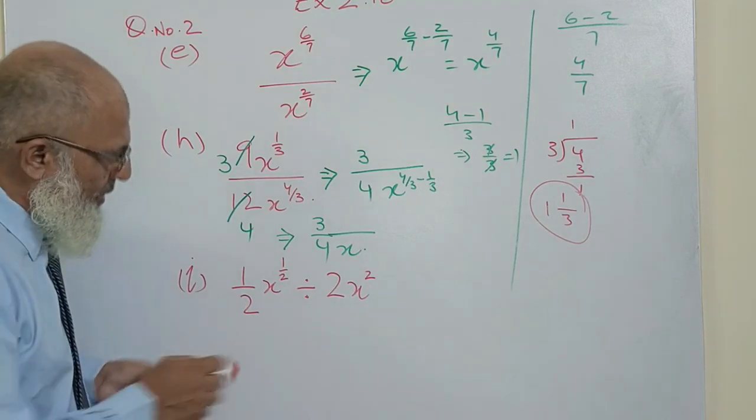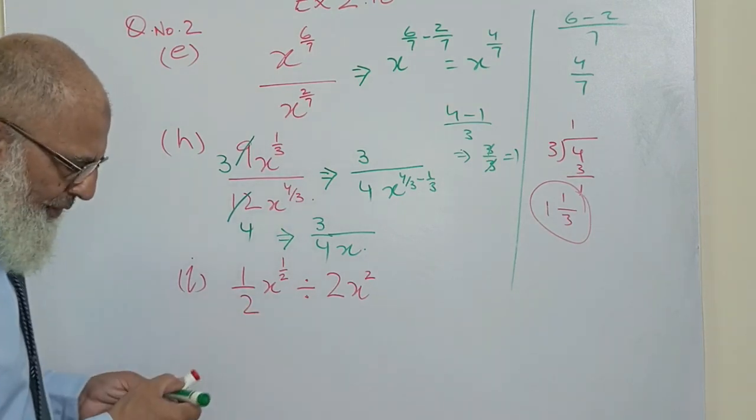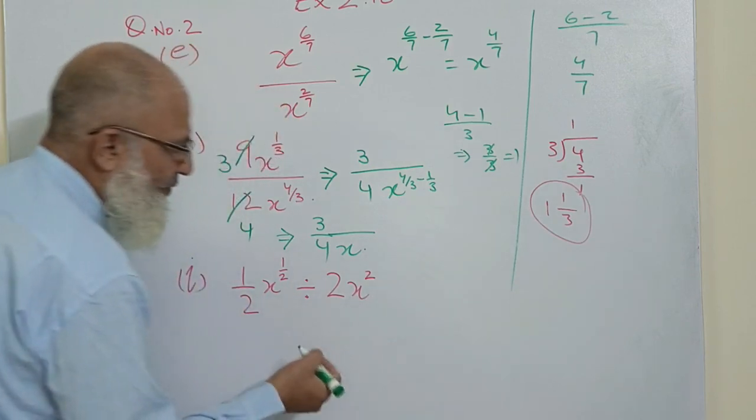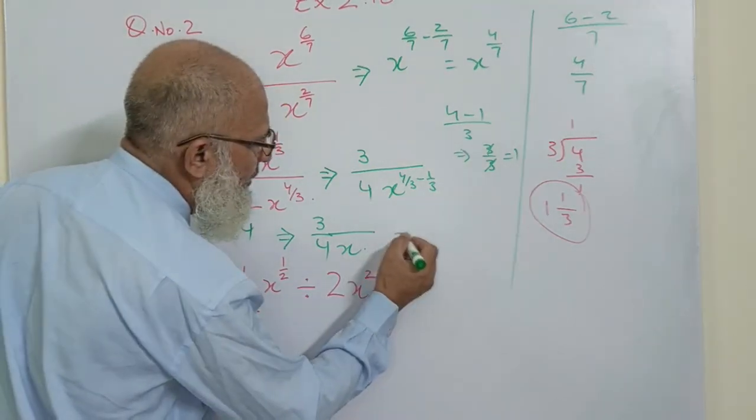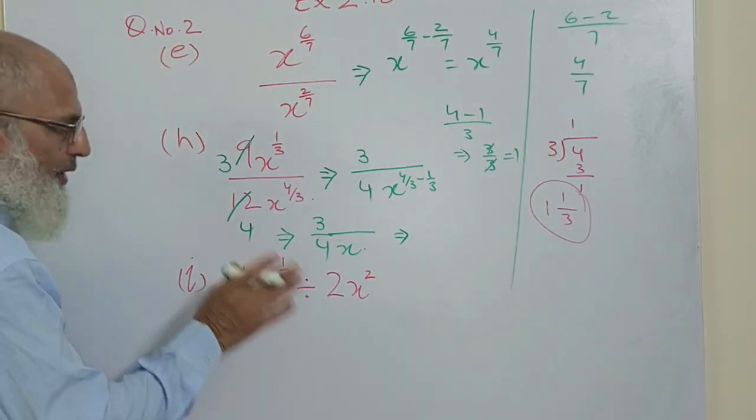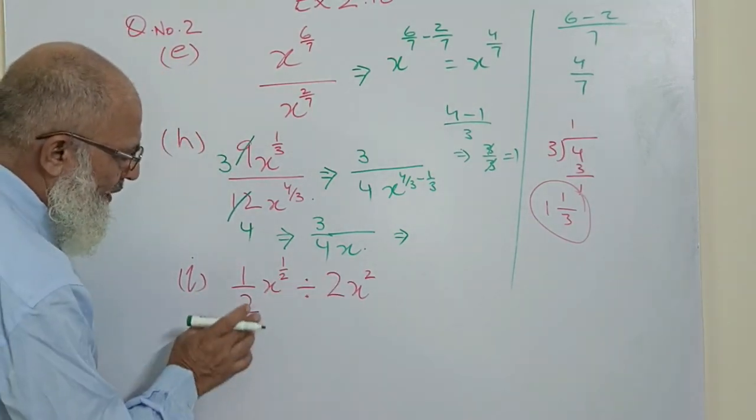Now what does it mean? We'll change the sign of division into multiplication. What will happen then? Let me do it somewhere here, so that it remains visible to you.